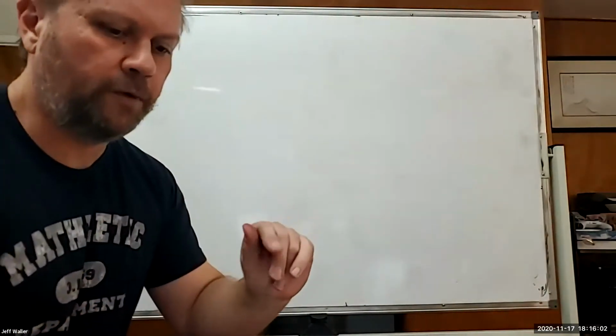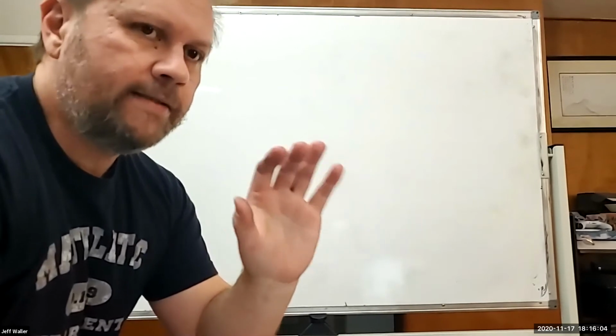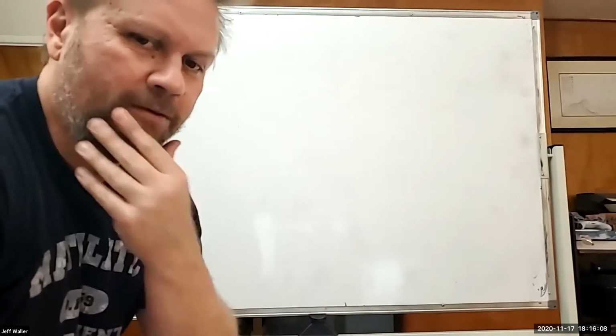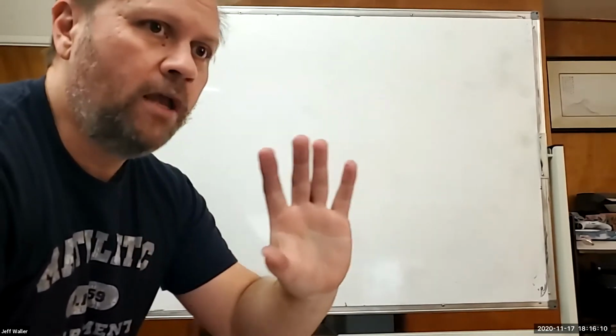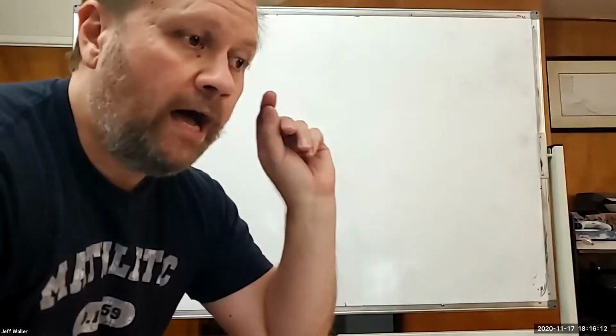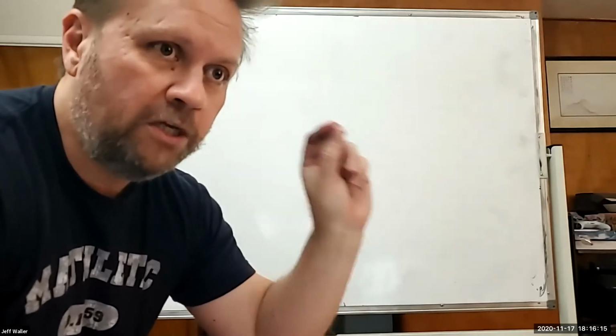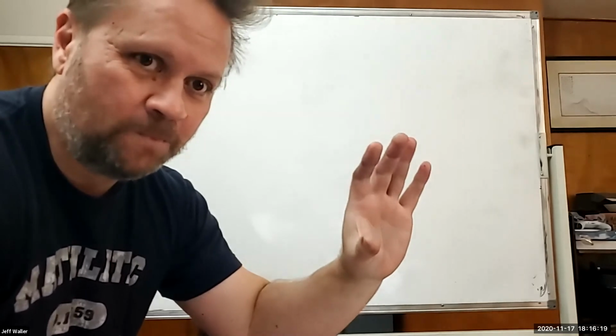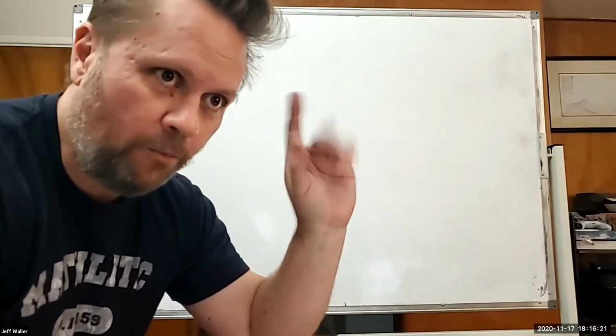Actually, let me say this a different way. It's not simple in the sense that there are multiple ways to do it. And I don't just mean many ways to get to the same answer. I mean there are multiple definitions of what vector multiplication is. And we're going to just talk about one of them.